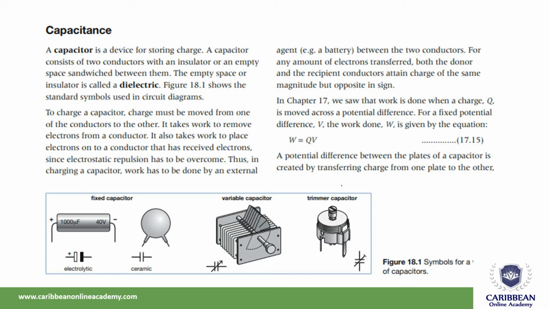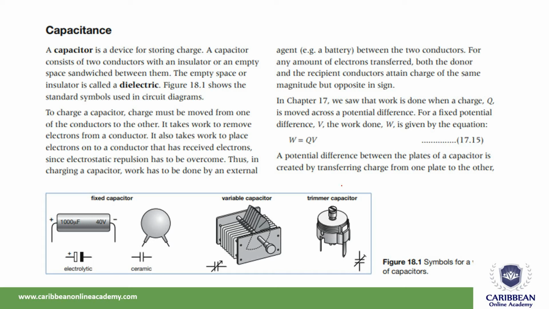Now, whenever we're talking about charging a capacitor, it's simply taking charge and putting it on the plates of the capacitors. We'll soon talk a little bit more about how capacitors look and all of that.